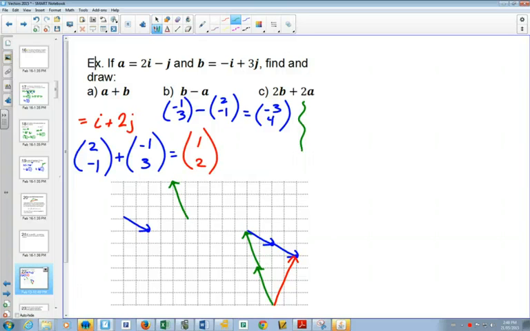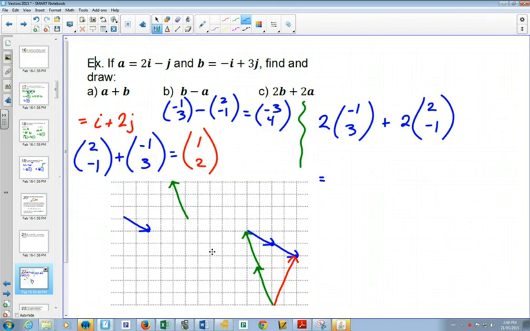And of course, six minus 2 is 4. And we can see that our final red vector here goes 2 to the right and 4 up as a result.